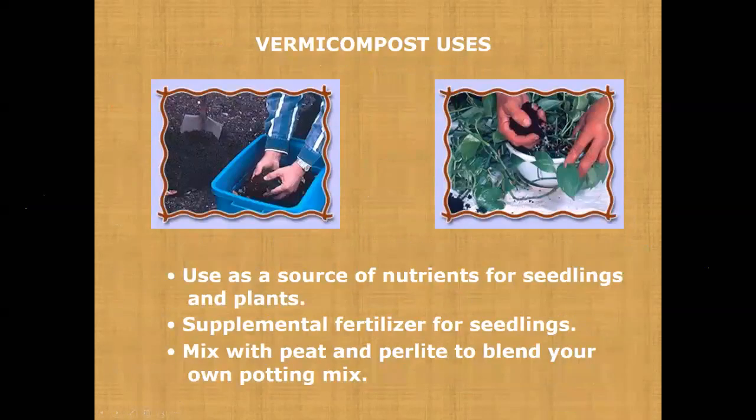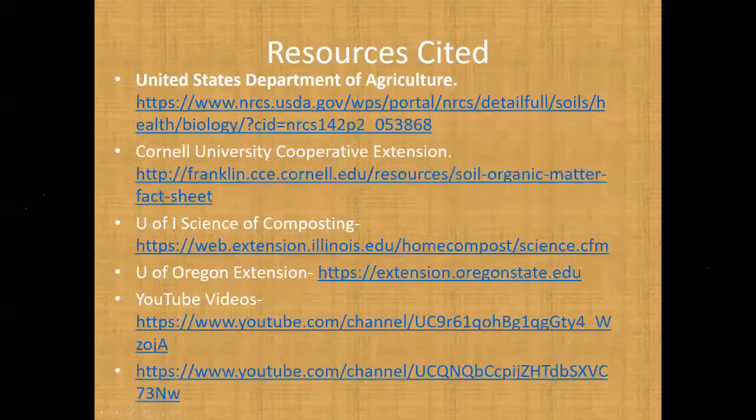The uses of vermicompost are very similar to our thermal compost products: nutrients for seedlings, a soil amendment, supplemental fertilizer, mixing it into containers. Really, it's used in quite the same way as our other compost.